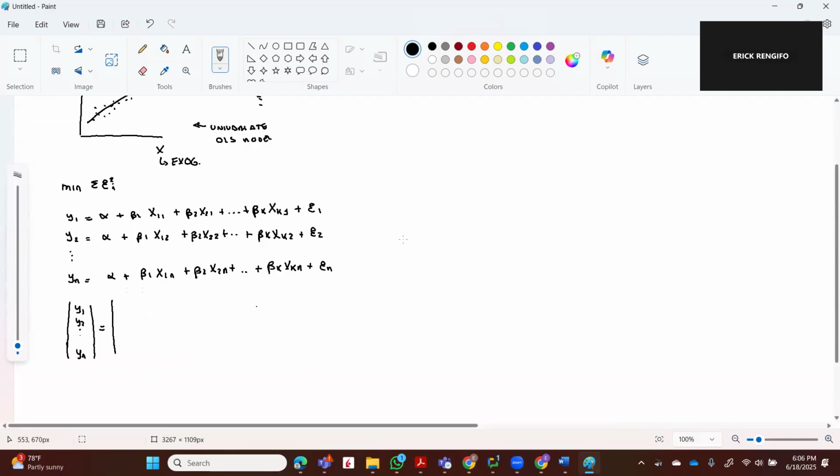I will multiply it by my vector of coefficients or parameters, so I will have alpha, beta 1, beta k, plus my errors, which are going to be error 1, error 2, error n. Okay, so this one here is going to have 1, is going to have beta 1, beta 2, beta k. Oh, sorry, what am I doing? Not betas, the observations.